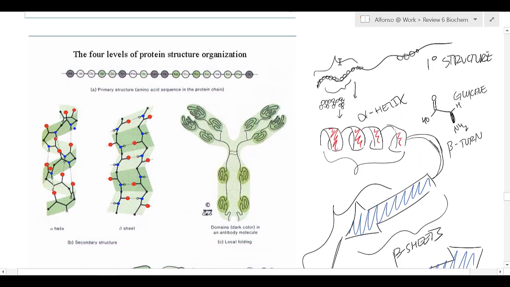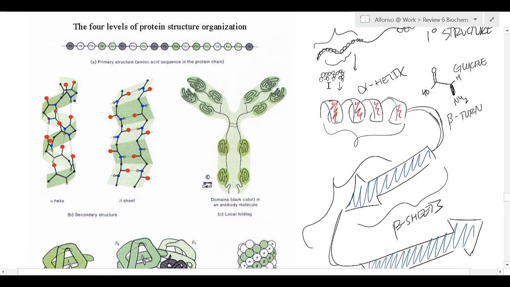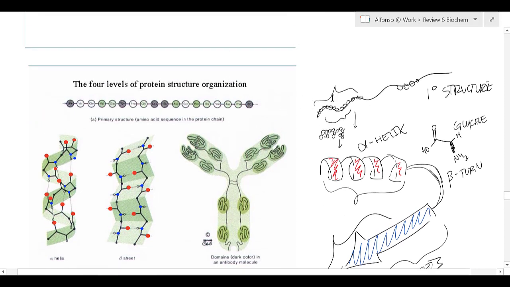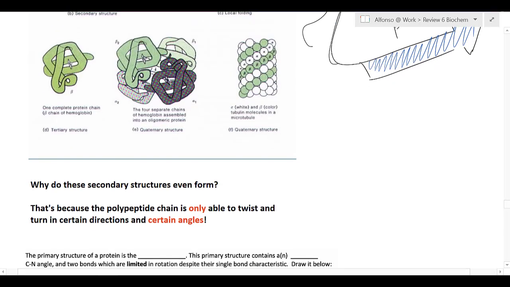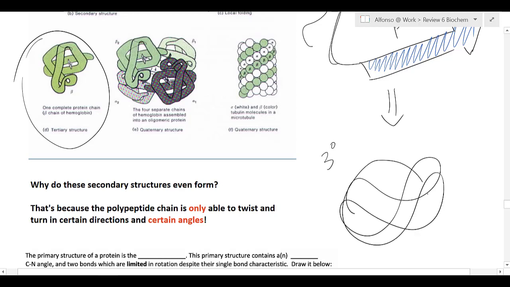So after this polypeptide folds and gets turned into, this part turns into alpha helices, and this part turns into beta sheets, and then this one into another beta sheet, and it turns and folds even further, you get the tertiary structure, which is pretty much this, a big globular protein. This is when you've achieved your three-dimensional shape.